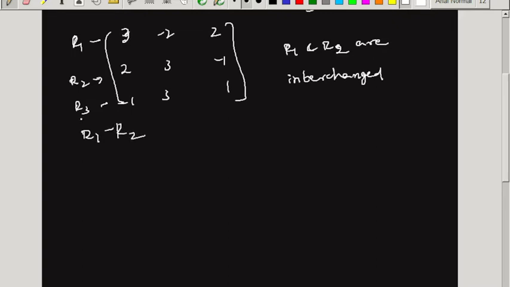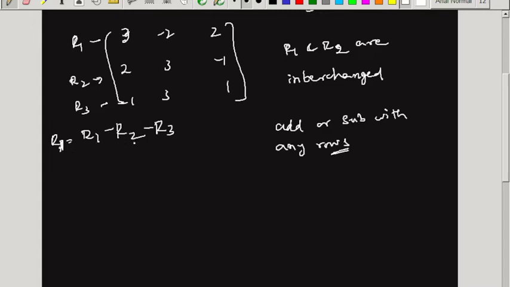We can write R3 in terms of R1. So here we can add or subtract with any rows.